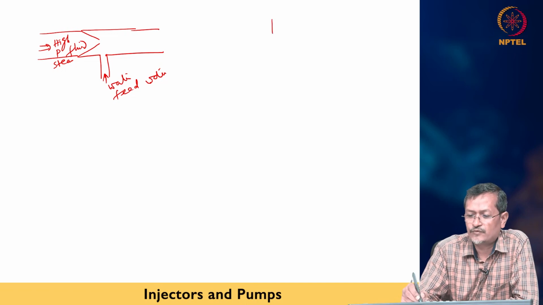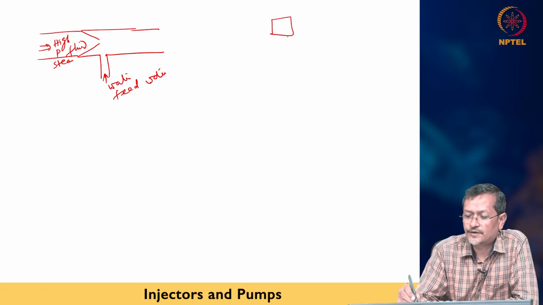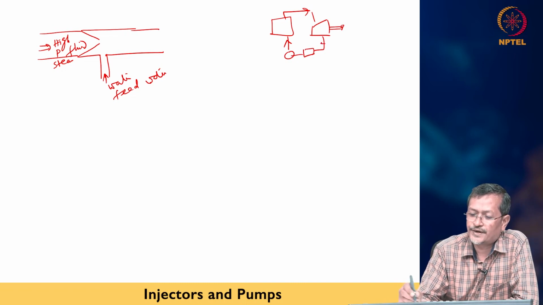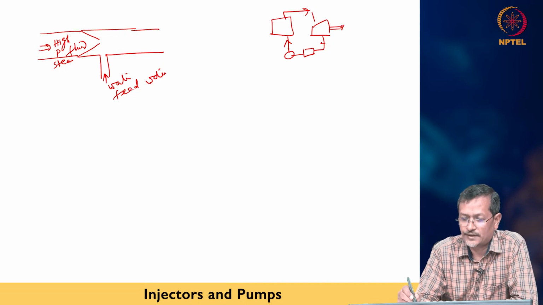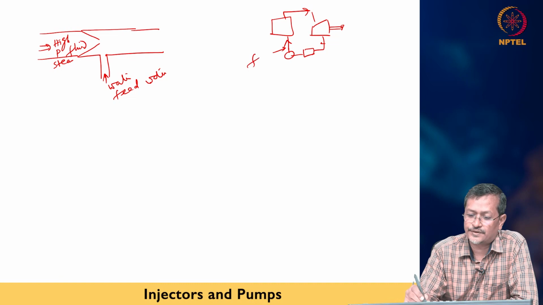Feed water means I have one boiler, okay, so boiler fluid is circulating, right. Fluid is circulating like this, the pump delivering to the boiler, so that water is called feed water.